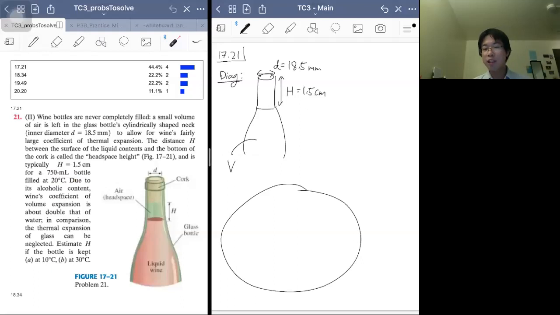And whoever's grading your work can look at what variables are written here, and then trace back to your diagram and see that this variable means that, because different people might use different variables. And if you don't have a diagram, whoever's grading it cannot guess what variable that is. But if you have a diagram, that will be clear. This particular statement doesn't apply to our online exam, of course, because we're not grading a scratch paper, but general tip.